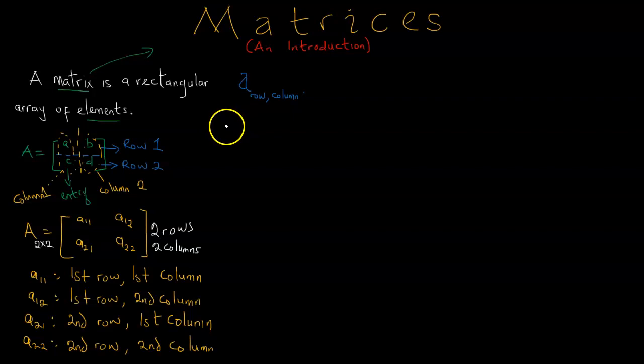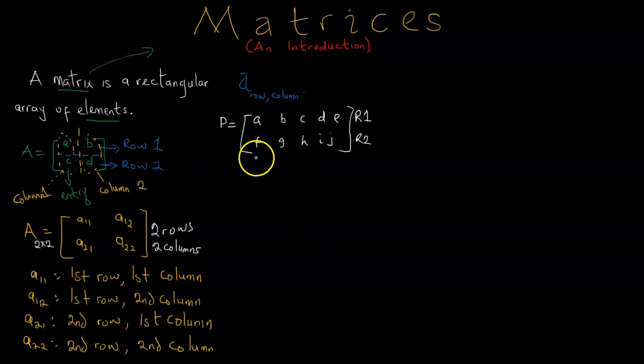For example, if P is this matrix, A, B, C, D, E, F, G, H, I, J. Now we're going to see that there are 2 rows here. This is row 1 and this is row 2.